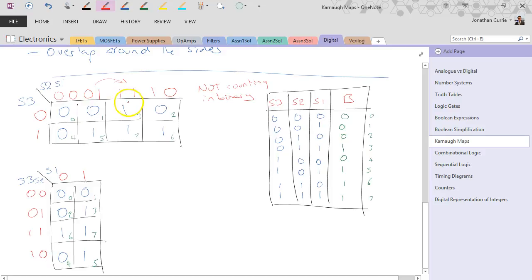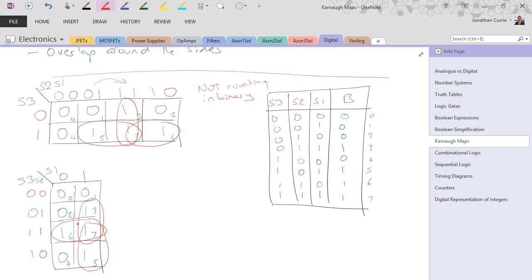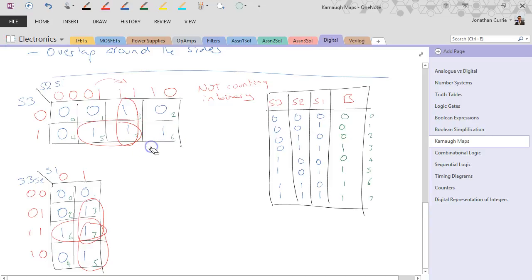I'm now going to circle my groups. Now note, in both cases I've got the same number of groups. So I'm showing you once again that it doesn't matter which way you orientate it. But also note that I don't just circle this guy by himself because we've got these two groups. That's not a good way of using these.